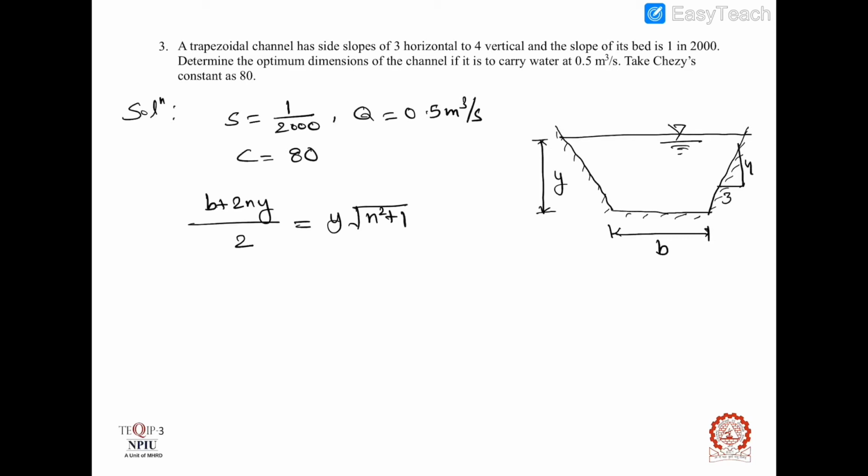What is n here? This is 1 by n, the side slope of the channel.